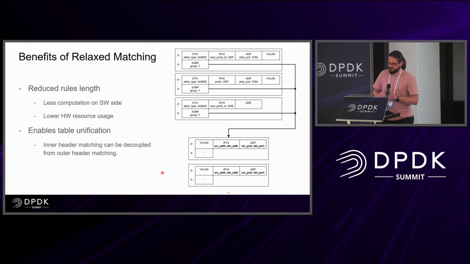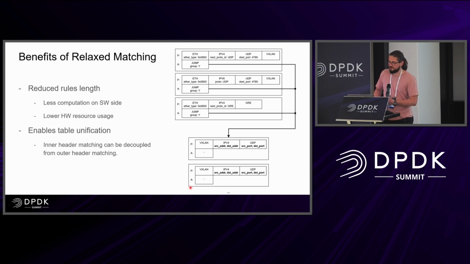First, we can reduce the rules length on the rules which matter for us. We can imagine that these inner header matching rules are in very high scale flow tables, like a few million flow rules. By reducing the rules length, we can fit more of them.